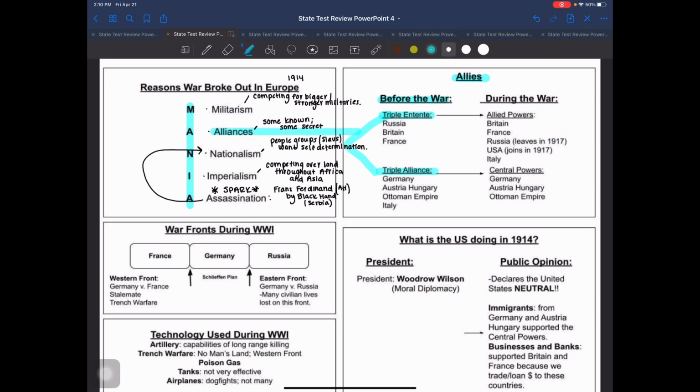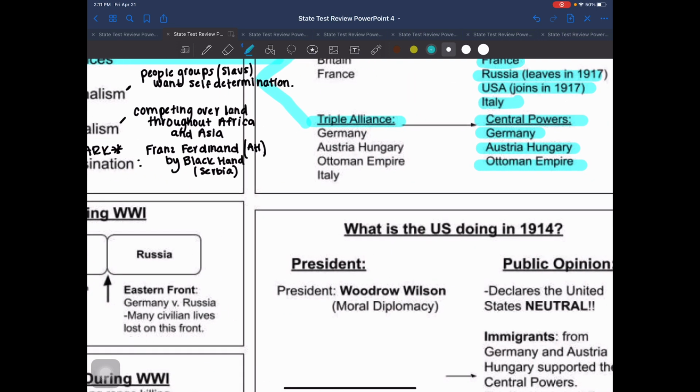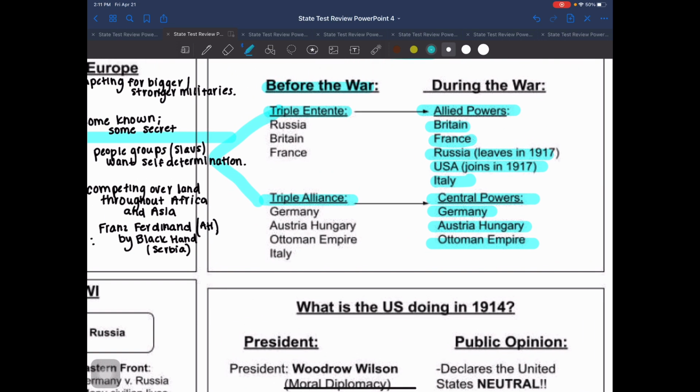More importantly, you need to know the alliances that were during the war. As you can see, Britain and France and Russia are pretty much the three original members of the Allied powers.